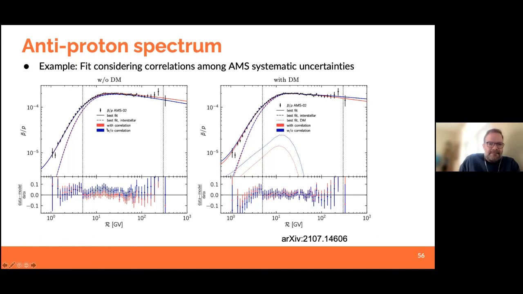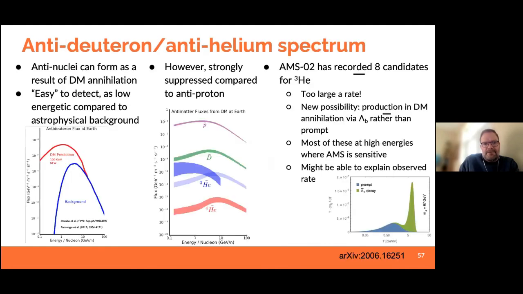And you can see that in red, when you include these correlations, the residuals are much smaller, so that there's much less evidence for an excess in the data. But if they include a dark matter signal, they still fit some strength for it. It is just reduced compared to before. So again, I think it's simply an open question, but there might be some hints there, some possibilities for dark matter annihilation showing up in the antiproton spectrum.